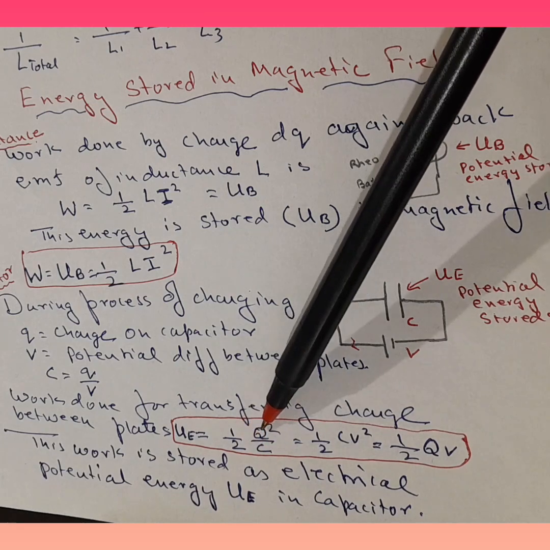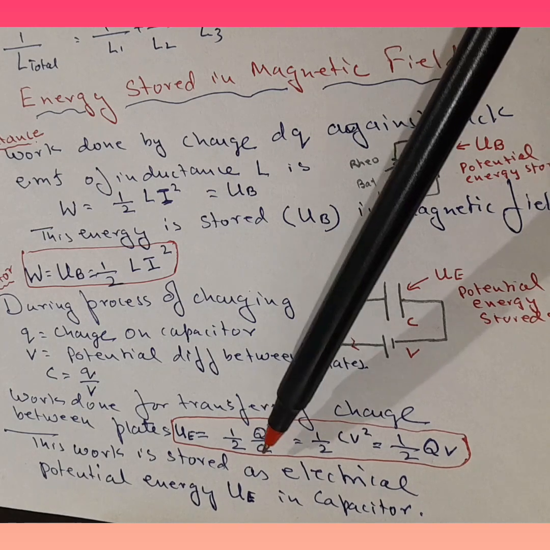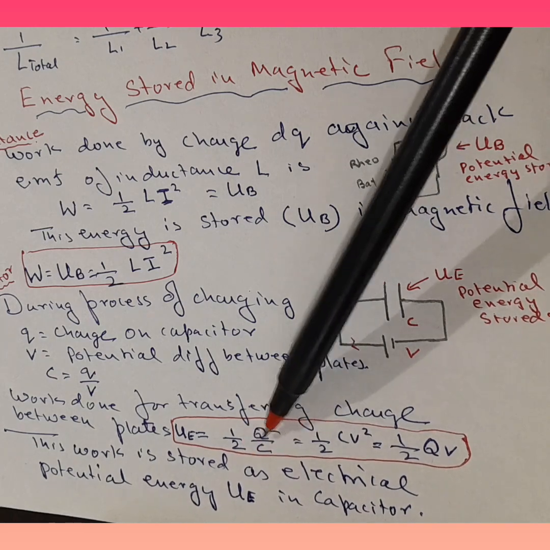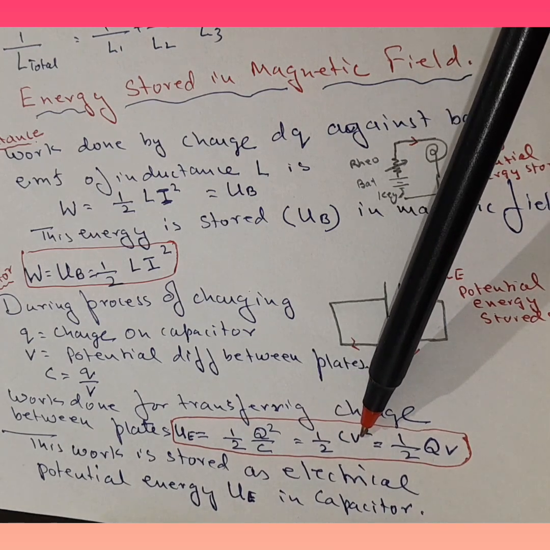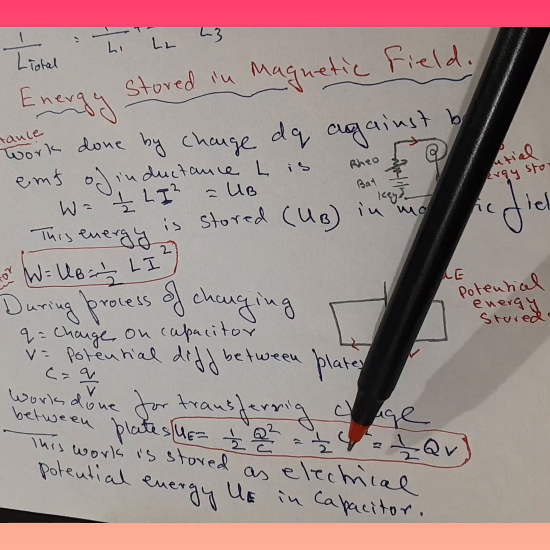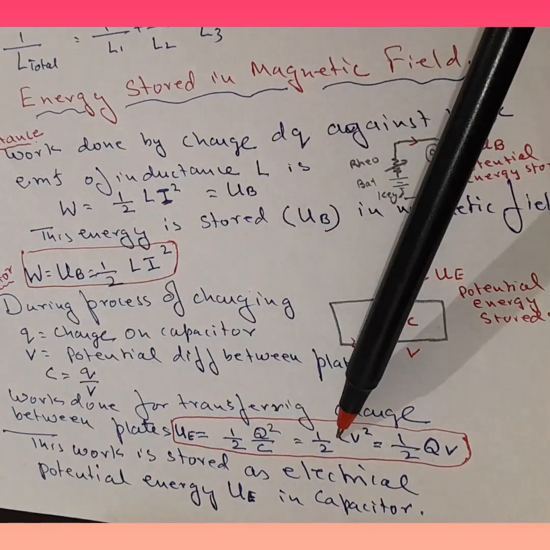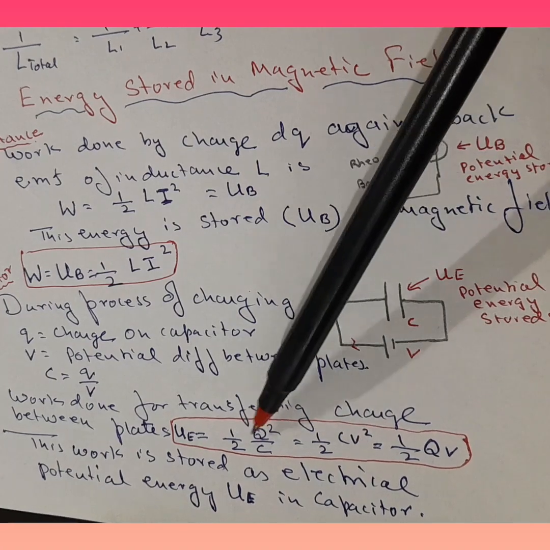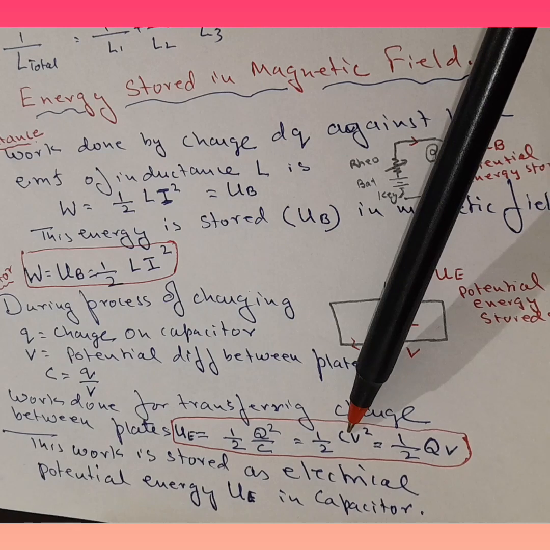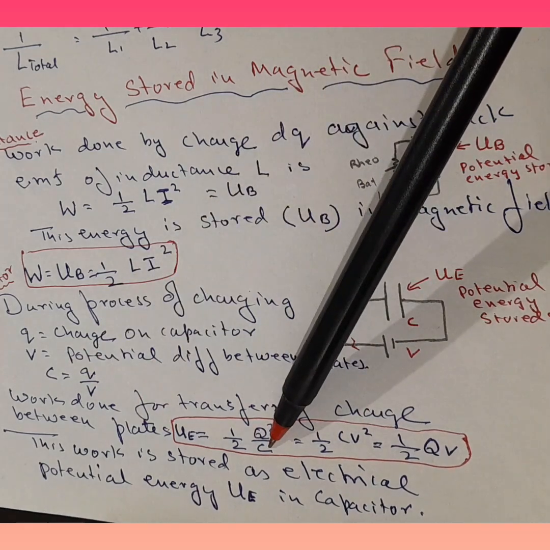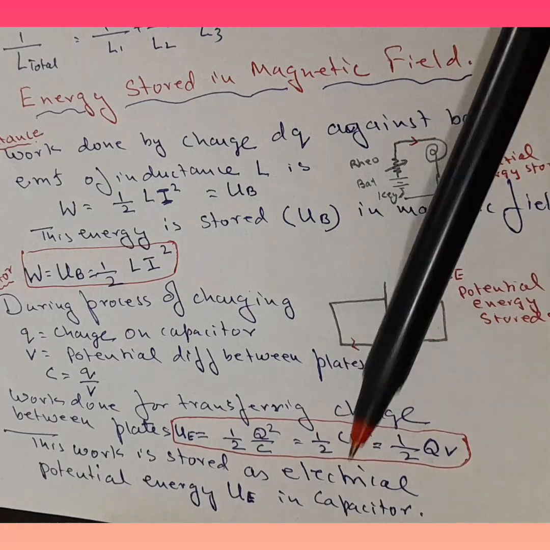Q is charge and capacitance is C. That also is equal to half CV square, because we know Q is equal to CV. So Q square is C square V square divided by C, and one C gets cancelled, so it is half CV square.